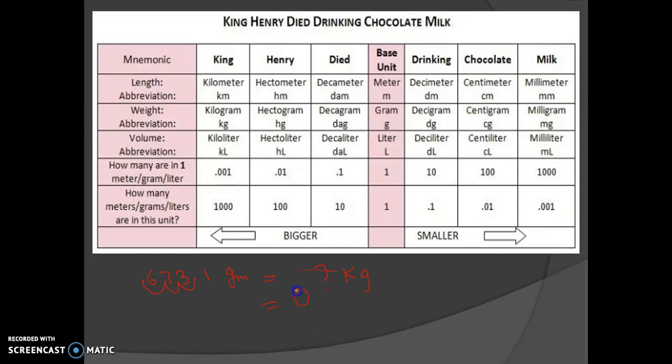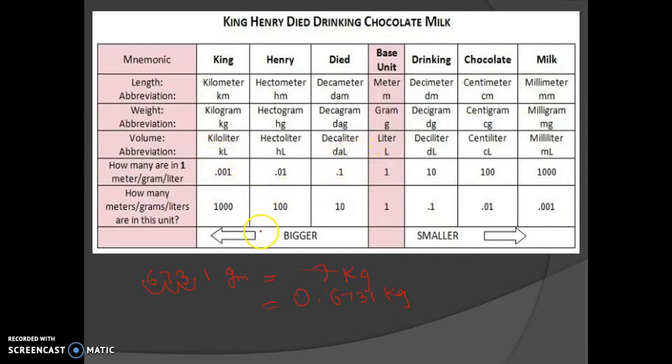It's going to be 0.6731 kilograms. So the key is, you see which unit you want to convert from and to which unit, and you move the decimal accordingly.